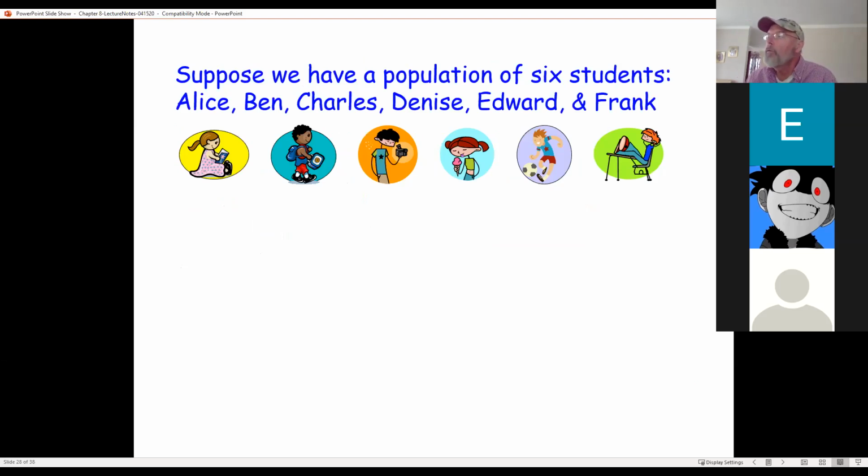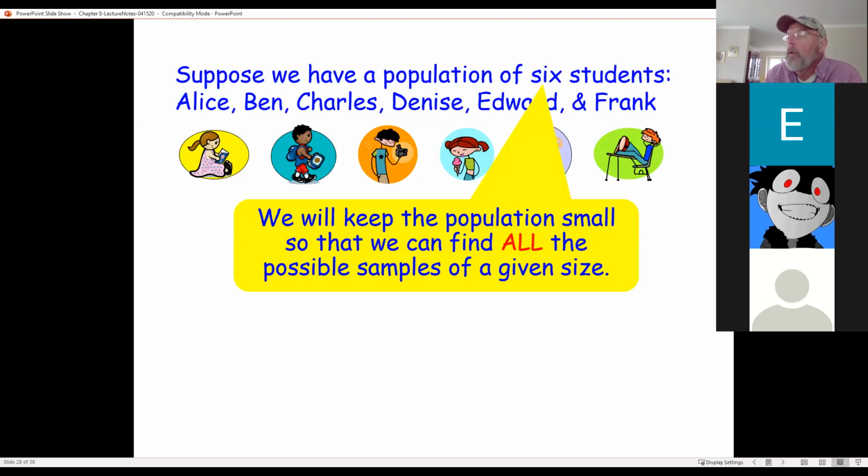Here is a population of 6 students. It's kind of hard to actually call that a population, but okay. There are 4 guys and 2 gals. Of course, it's a very small population, but we want to do it so that we can see all the different possibilities in very small sample sizes.